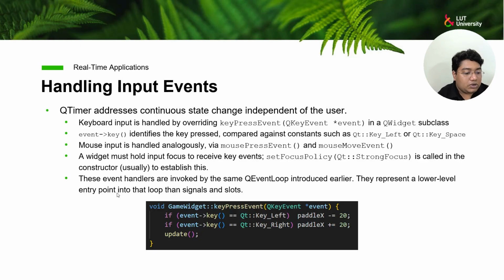This tells Qt that our widget is allowed to receive keyboard input. Without it, you might press the arrow keys and wonder why absolutely nothing happens. We will use these event handlers in our game shortly. The timer will update the world continuously and the keyboard will allow the player to control it.